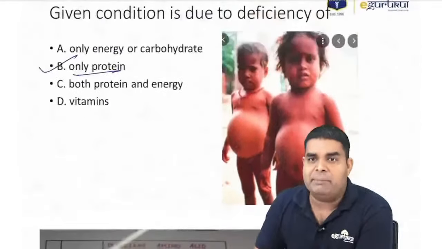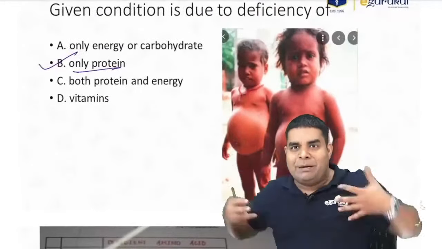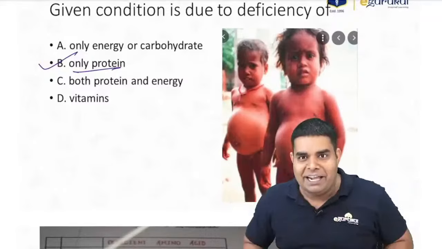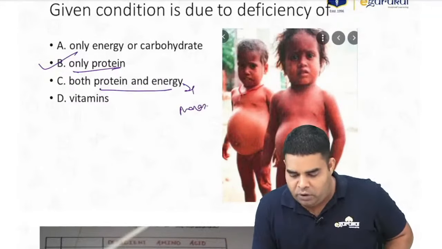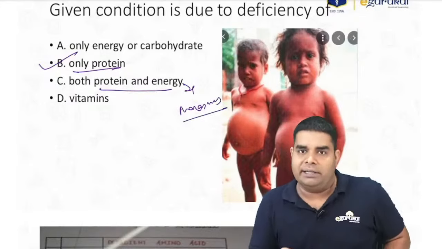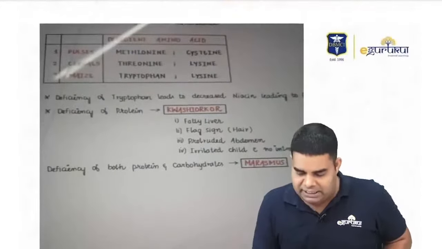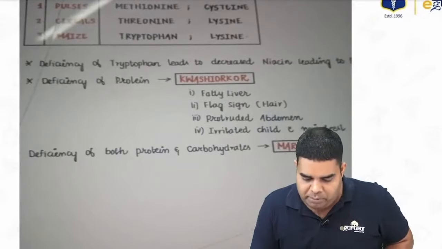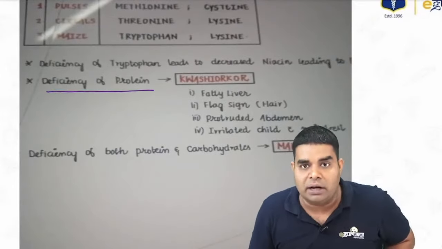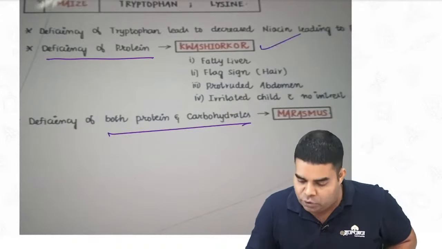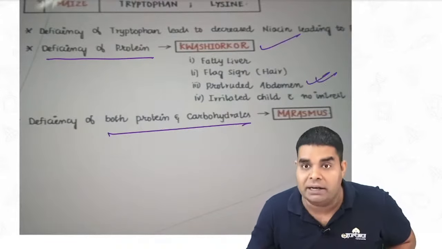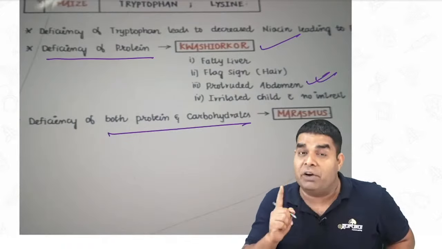If they had given the image of a marasmic child, just opposite to me, a thin child, then the answer would be protein and energy both. But because they have given Kwashiorkor, it is only protein. We have also discussed it separately in the notes that, remember, deficiency of protein is Kwashiorkor and both protein and carbohydrate is marasmus. And in Kwashiorkor, we will have protruded abdomen along with fatty liver, very commonly asked.